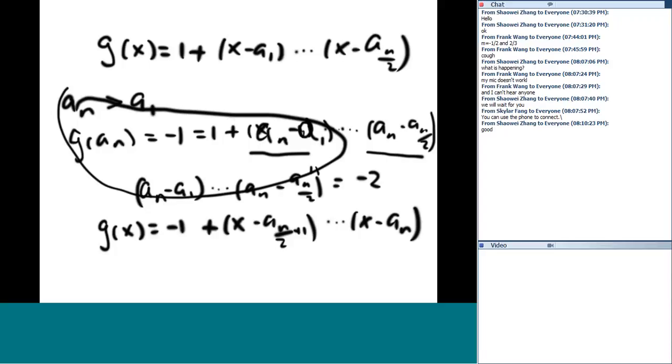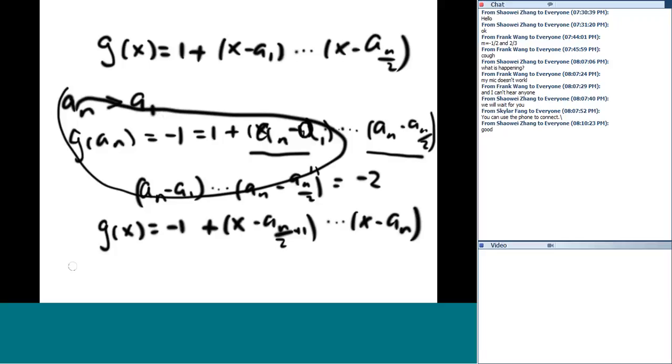That thing cannot hold, just because a_1 to a_n are different. It cannot be that way.